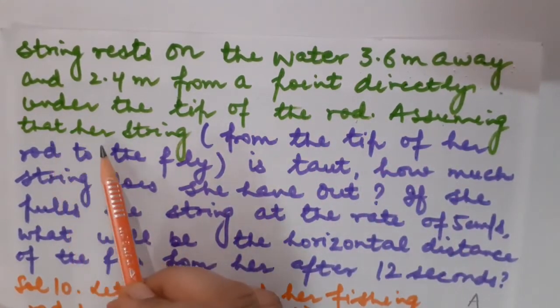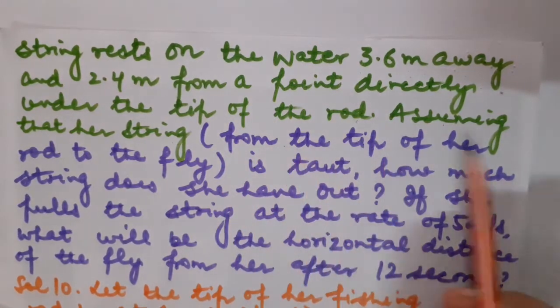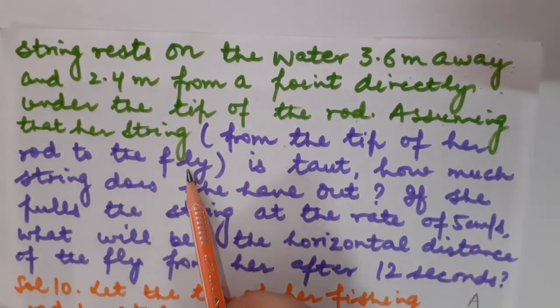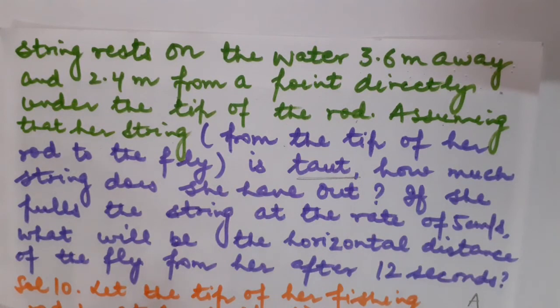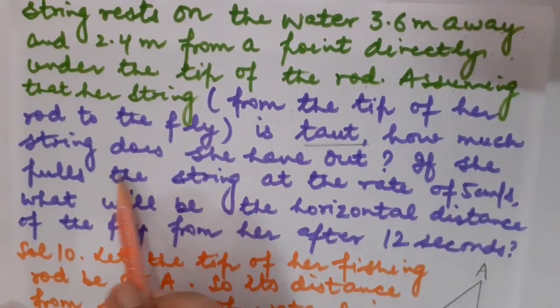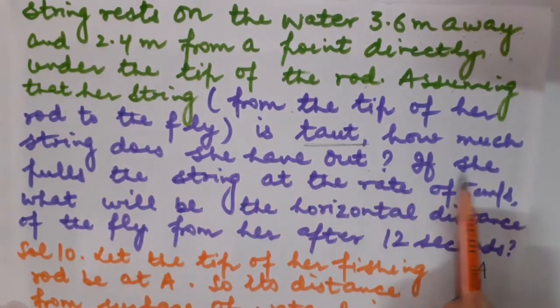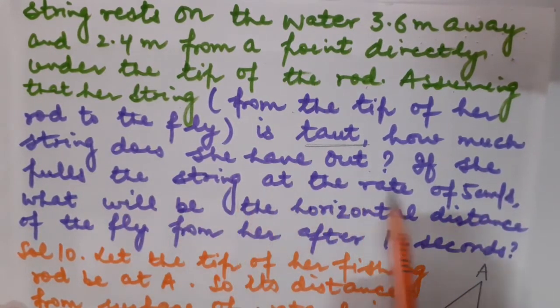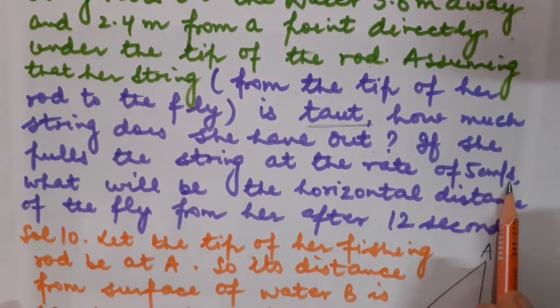Assuming that her string from the tip of her rod to the fly is taut. Taut means it is stretched tightly. She has stretched it very tightly. Hold it very tightly. Stretching it. How much string does she have out if she pulls the string at the rate of 5 cm per second?